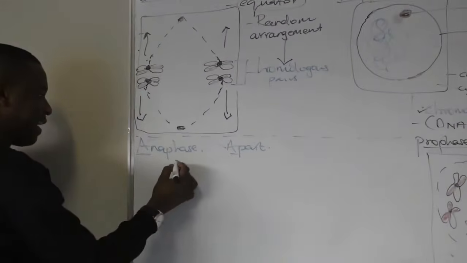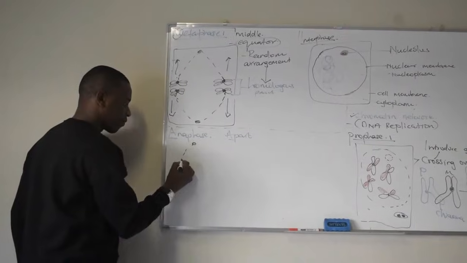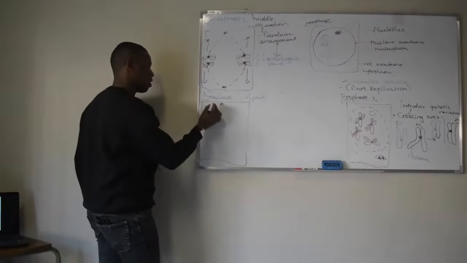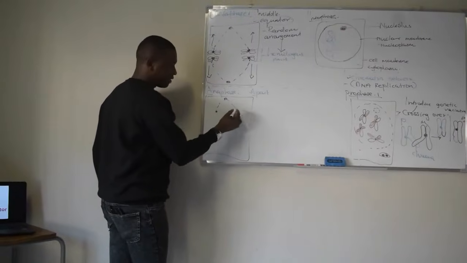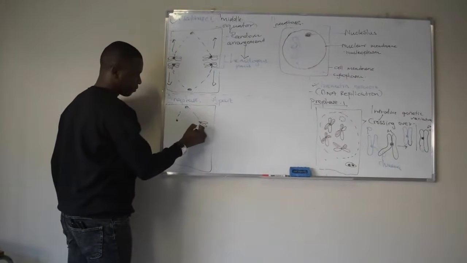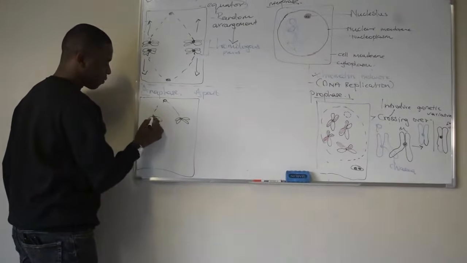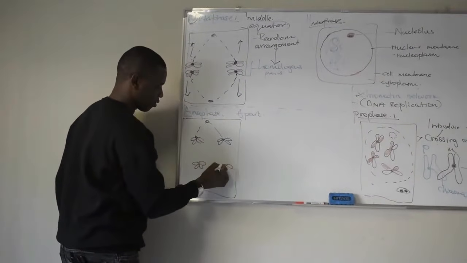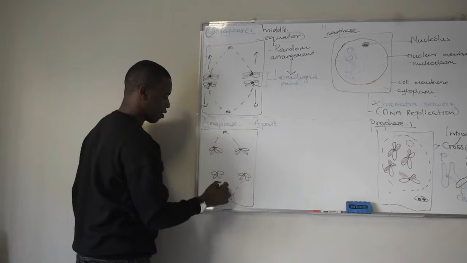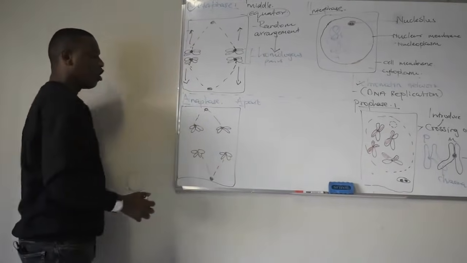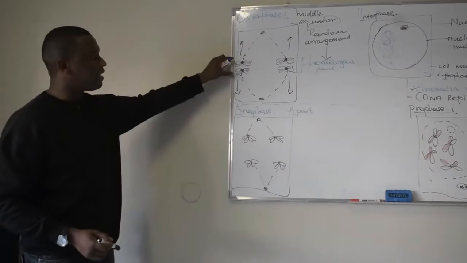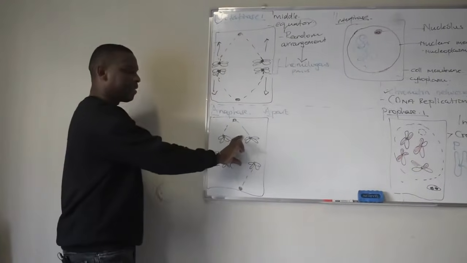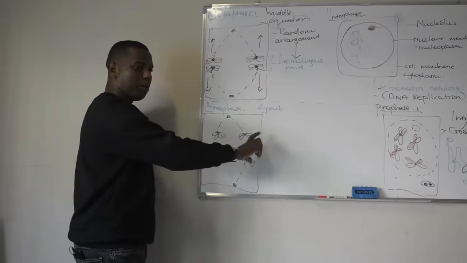So chromosomes are pulled apart by the spindle fibers. You're going to see in anaphase that chromosomes have separated. They are no longer homologous. You can't call something that is so separated like this homologous.